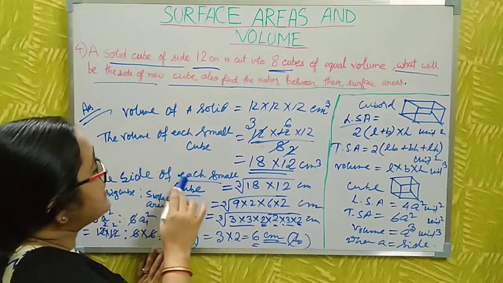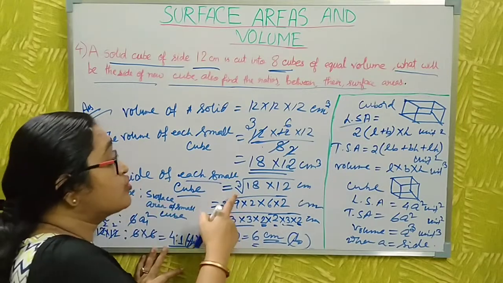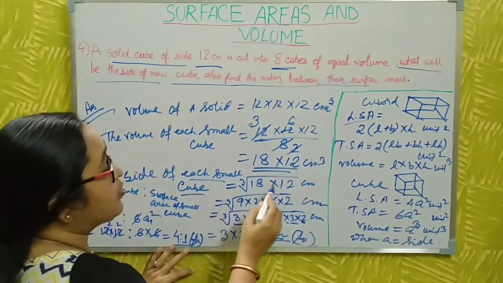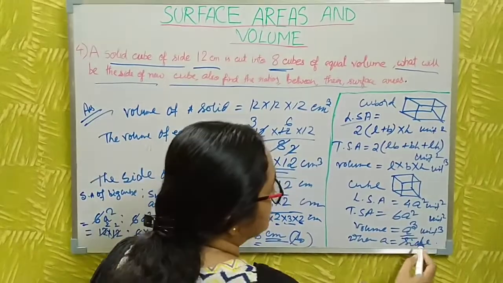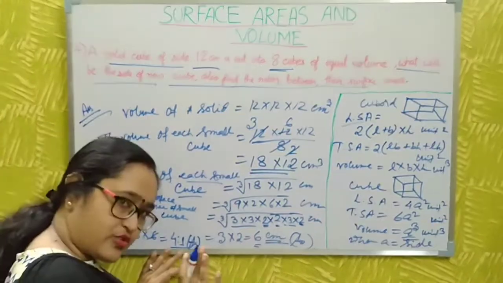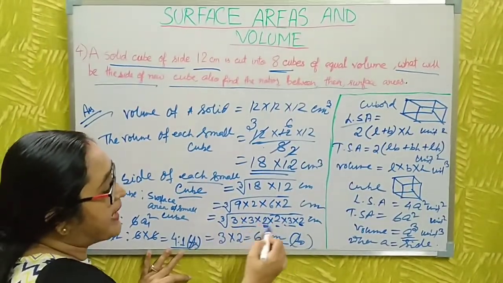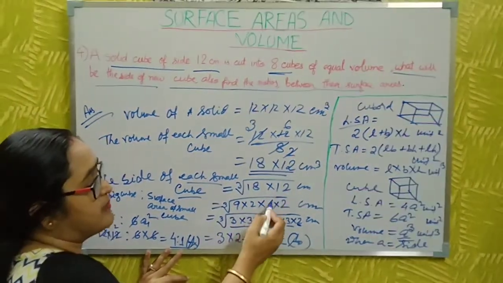Now the side of each small cube is the cube root of this. The side of each cube is the cube root of this volume. I said a cube has volume, and when you find the side, you do the cube root. Understood? Now this is the cube root. You break this like this: 18 you break into 9 2s, 12 you break into 6 2s.